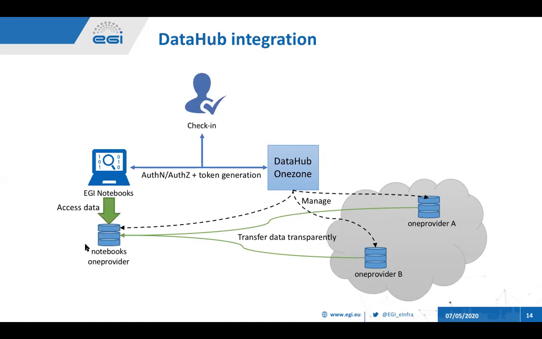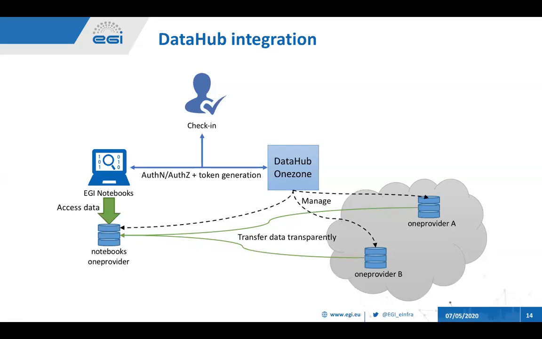It will access the data available in one Provider, which is the hosting component of the Data Hub. It's where the data is stored, and we have one Provider near the notebooks, in the same data center where the notebooks are running. So we have very fast data transfer there, and it can be used as a cache for external data.